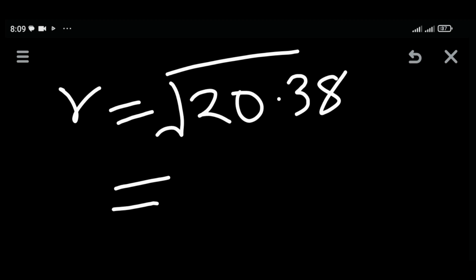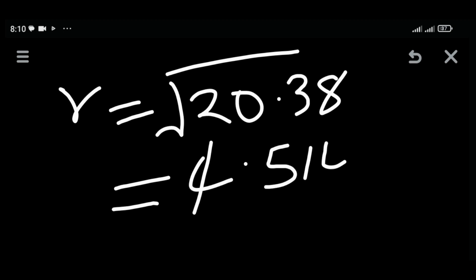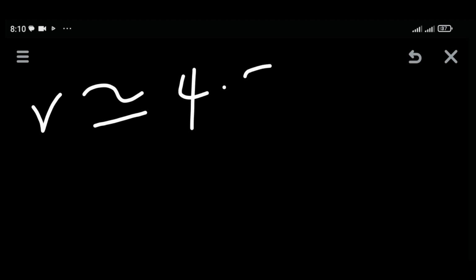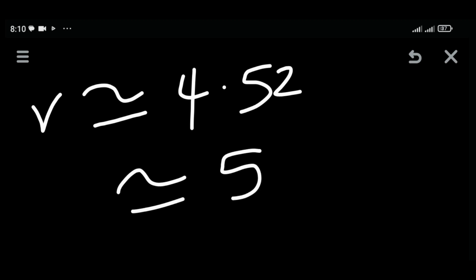This gives us 4.5146 units. But we can still approximate this to give us 4.52, or to a whole number, which is 5 units.